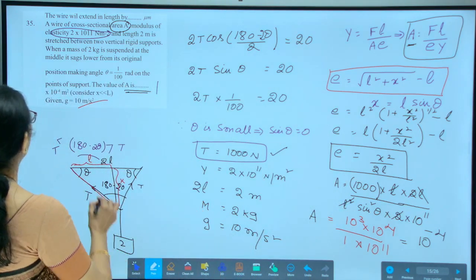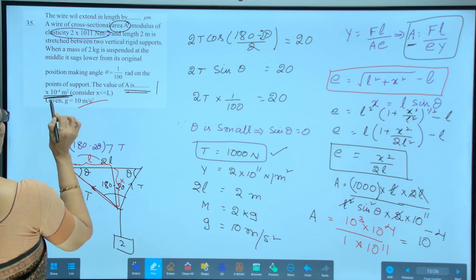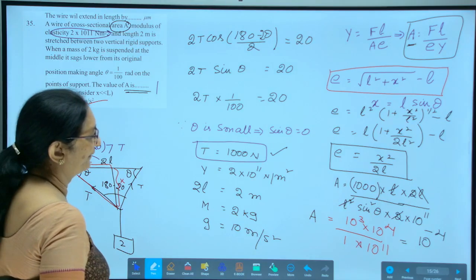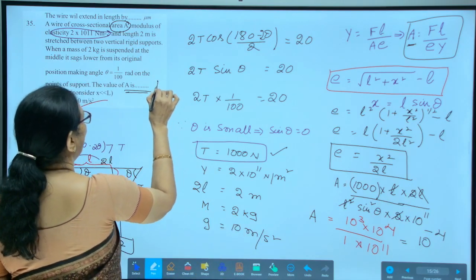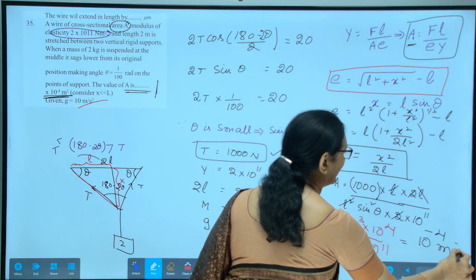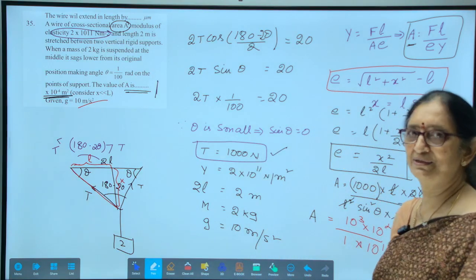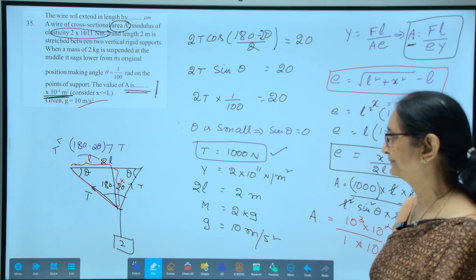See, look here, what is given? A is x into 10 to the power of minus 4, you need to find x here. x is simply 1 because it is just 10 to the power of minus 4 meter square. So, x into 10 power minus 4 says x value is 1.